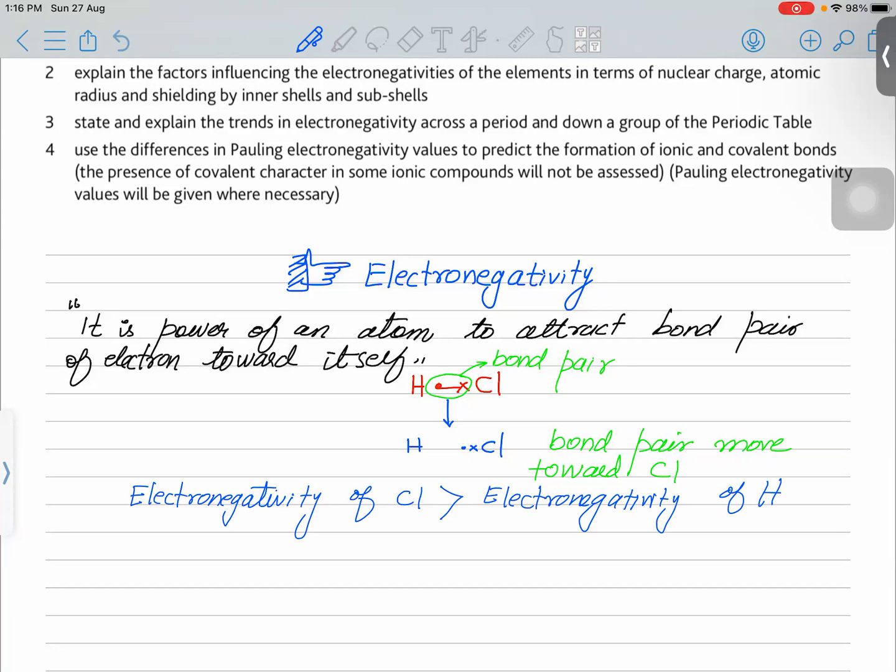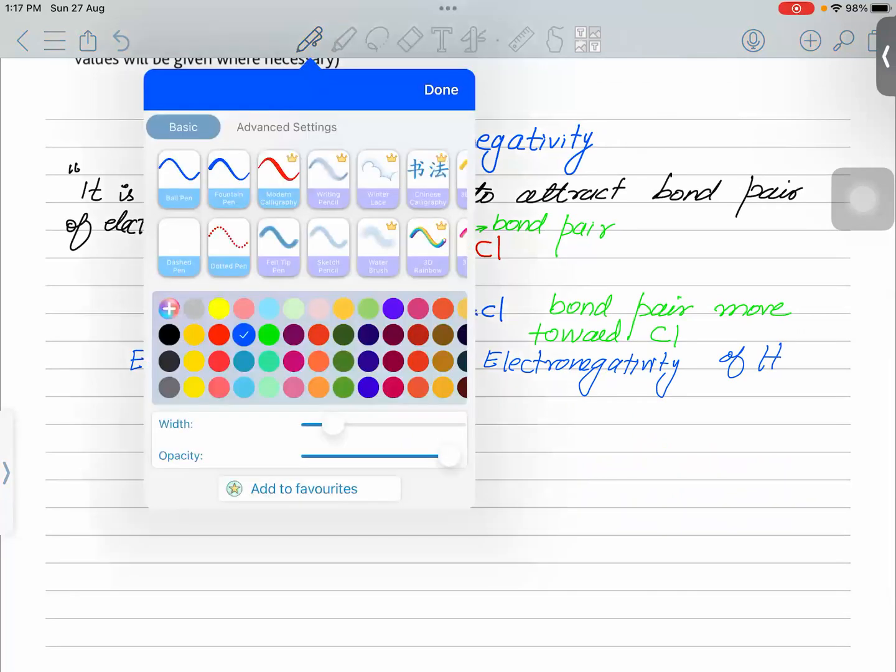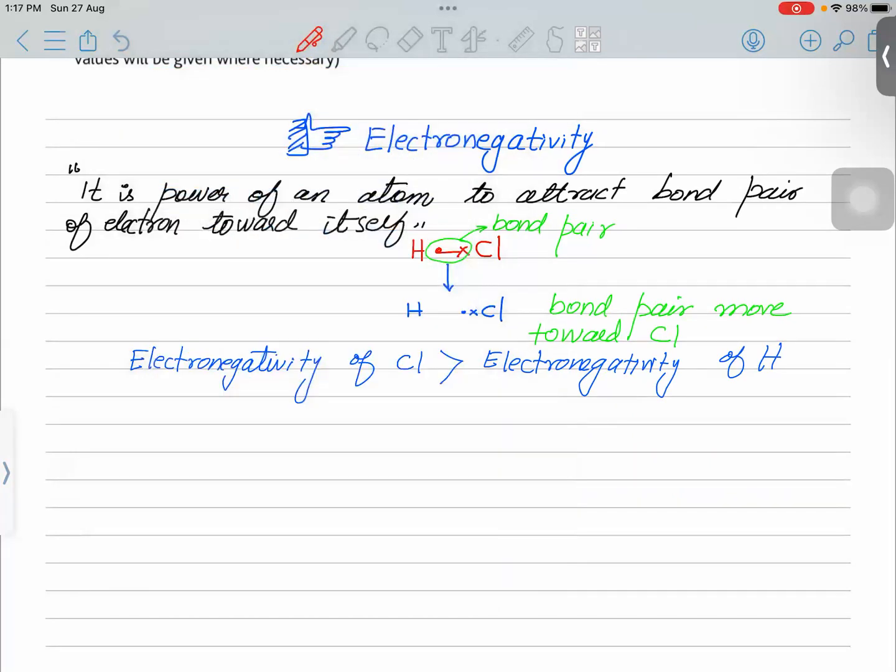So we have to memorize electronegative elements, right? Their electronegativity is very high. So write a DI. DI means doctor instruction, or you can say important point, right? So always remember phone club.